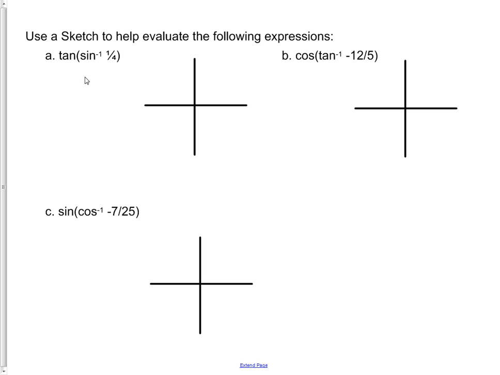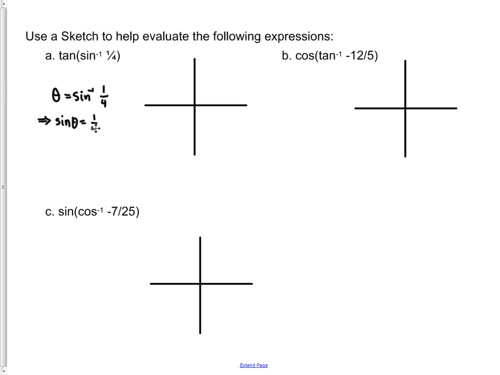Well, in this case, we have to think from inside to outside. You'll recall that there might be some angle theta whose sine is 1/4. And so we ask, what does that mean? If the inverse sine of 1/4 equals some angle theta, then the sine of that angle theta is equal to 1/4.